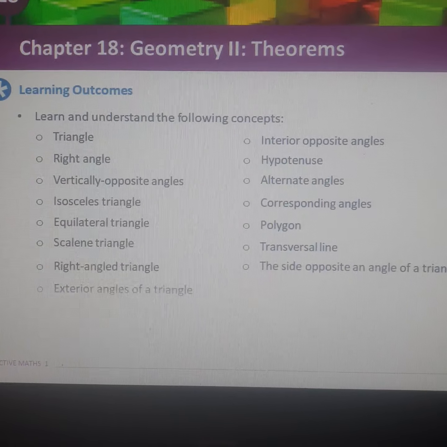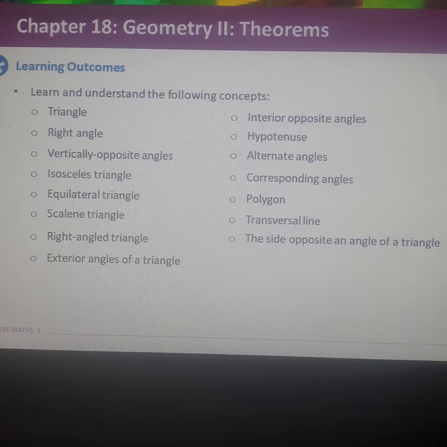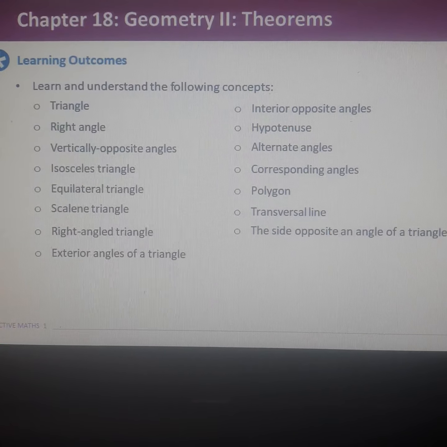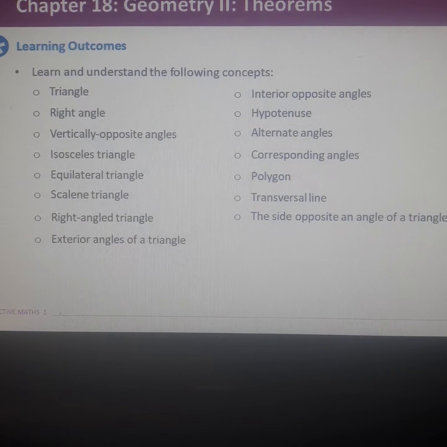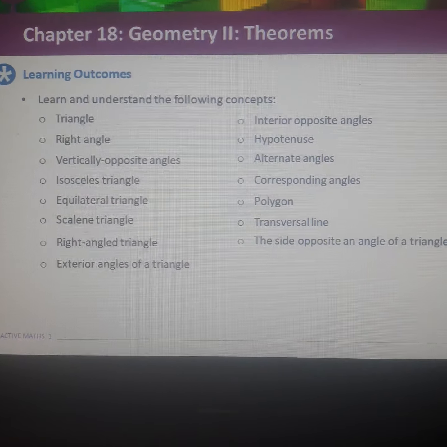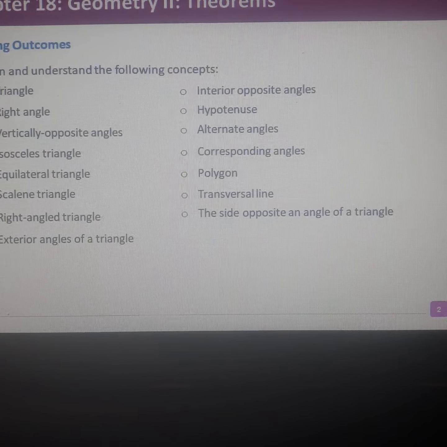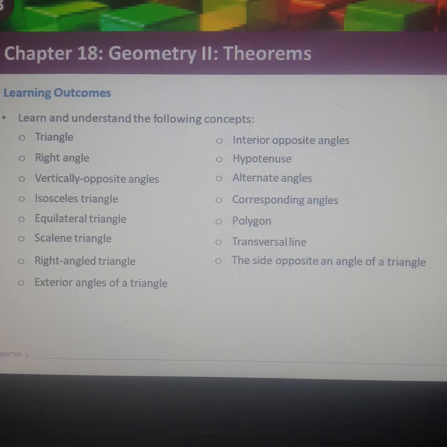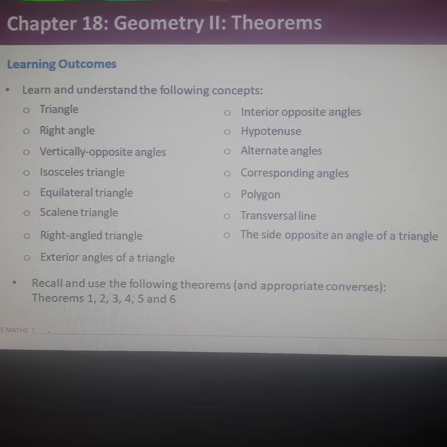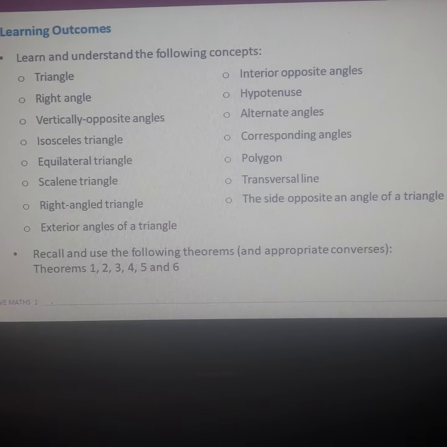Today we're going to come across some key concepts: triangles, right angles, vertically opposite angles, isosceles triangle, equilateral triangle, scalene triangle, right angle triangle, exterior angles of a triangle, the interior opposite angles, what the hypotenuse is, alternate angles, corresponding angles, a polygon, what a transversal line is, and the side opposite an angle of a triangle. We're going to recall and use the following theorems as well, okay?